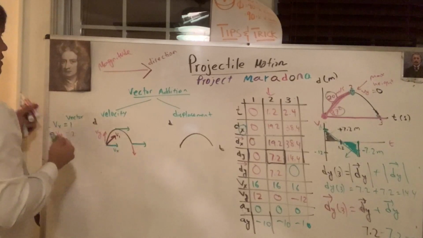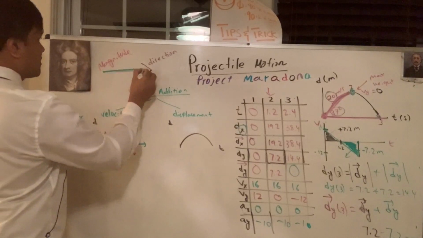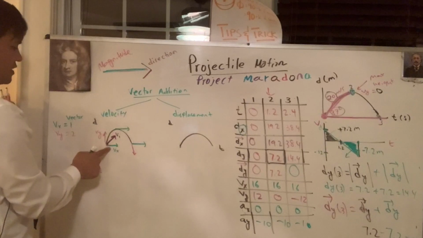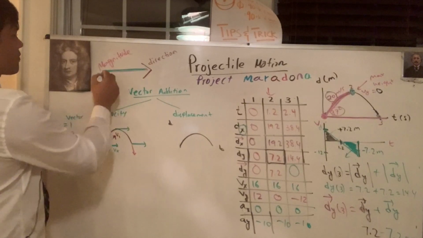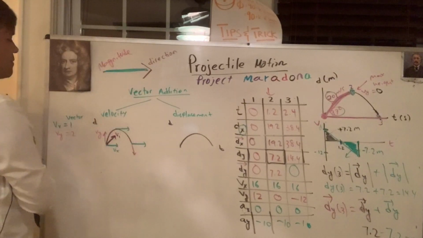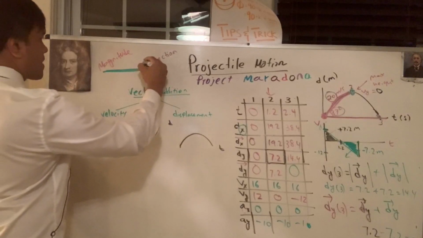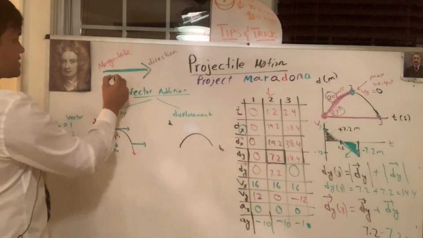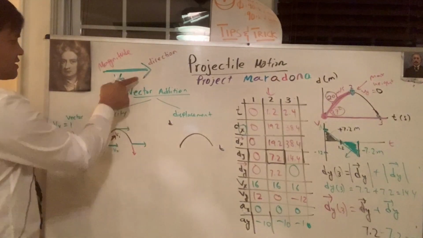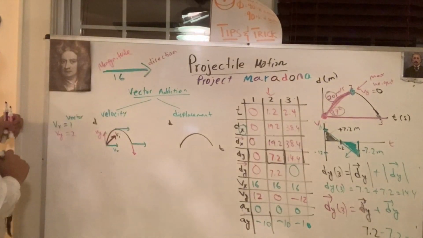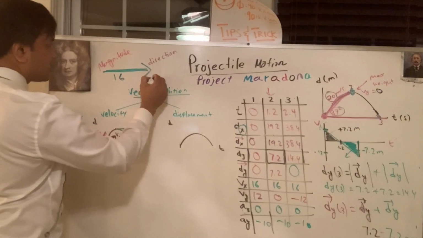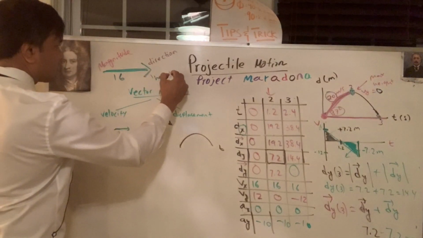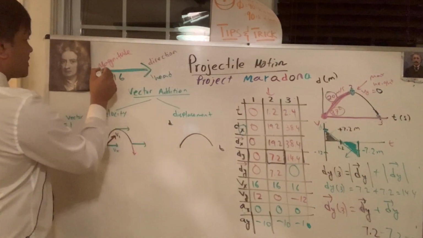So let's make it green. Alright, so the magnitude is 16 and the direction is to the east. This is head. This is called tail.